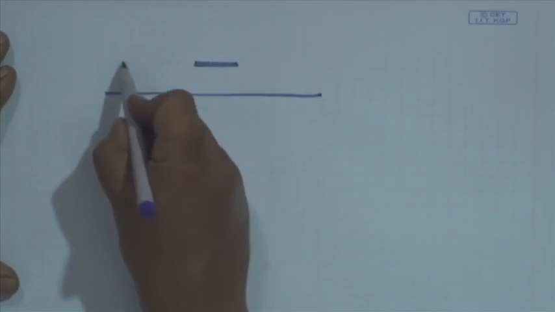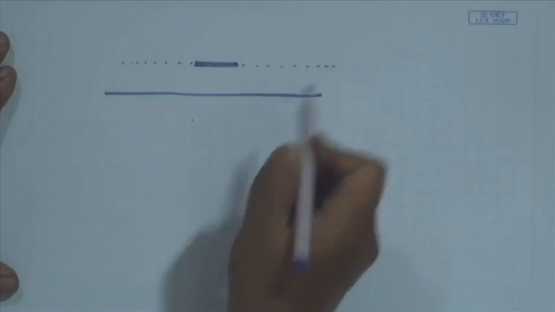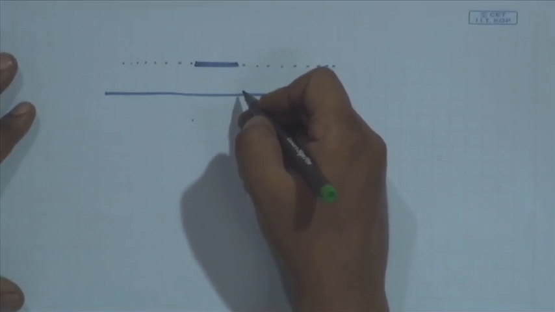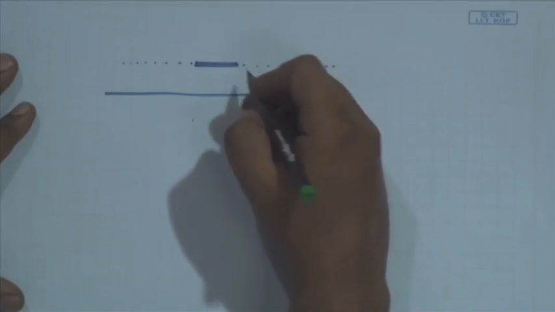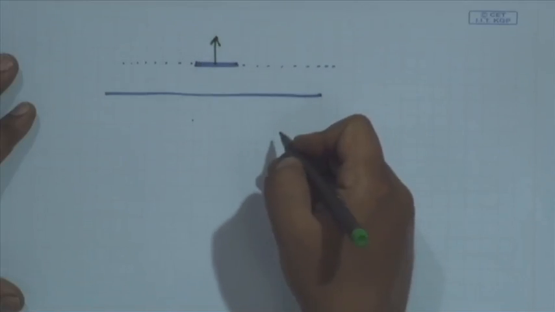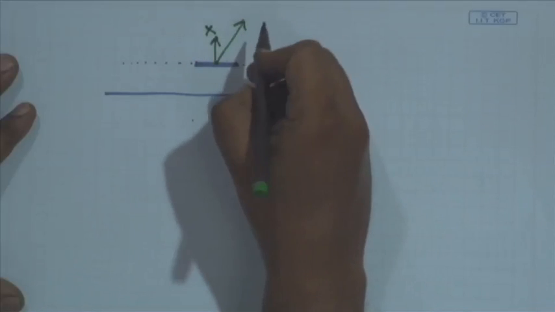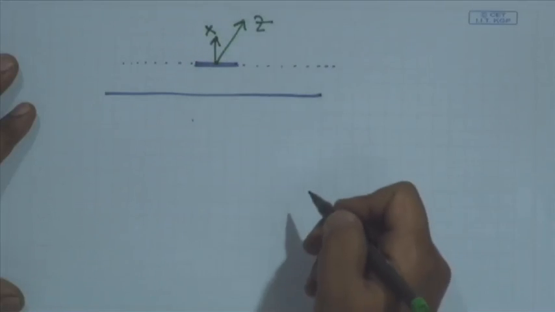I am drawing the cross sectional view of a microstrip line, and now what we considered for the grounded dielectric slab problem, the perpendicular direction is x direction and the wave propagation direction is z direction.